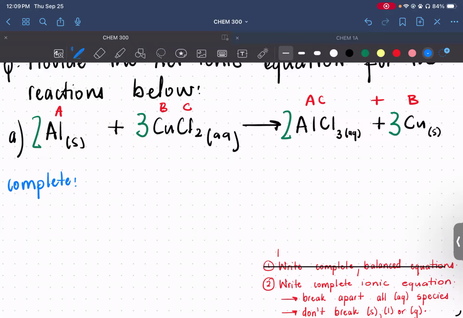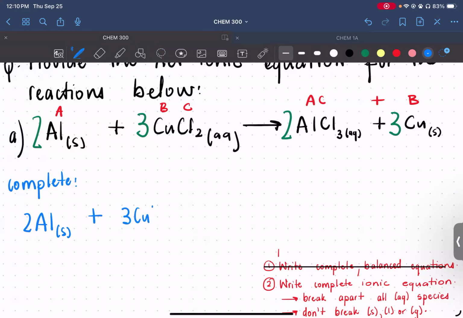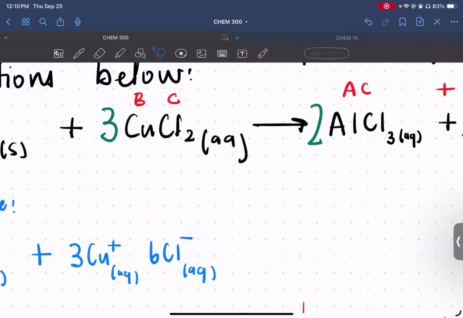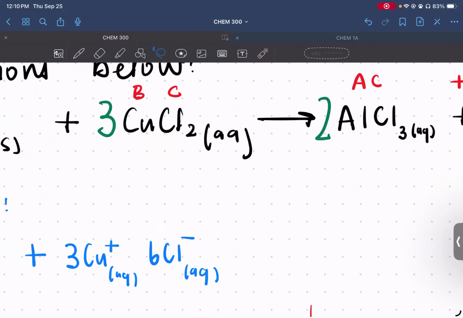Aluminum is a solid, so we leave it alone. Next, we have copper chloride. In this case, copper chloride is aqueous, so we are going to break it up. This is 3 Cu2+ aqueous, 6 Cl- also aqueous. Take a second to understand that this is what I mean by break up.